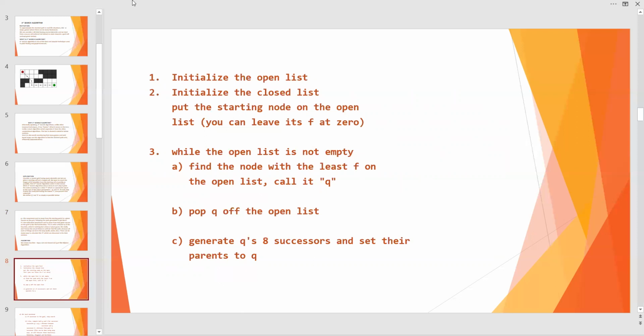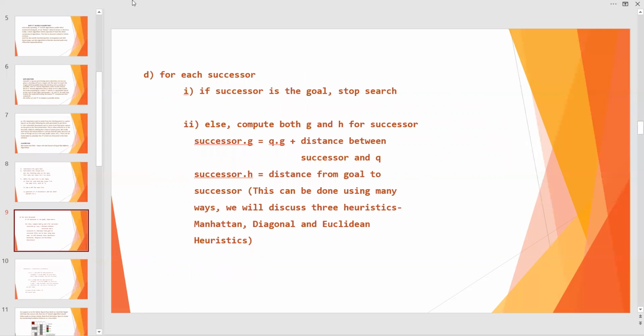While the open list is not empty, find the node with the least f on the open list, call it q. Pop q off the open list, generate q's 8 successors and set their parents to q. For each successor, if the successor is the goal, stop the search. Else compute both g and h for the successor. successor.g equals q.g plus the distance between successor and q. successor.h equals the distance from the goal to the successor.